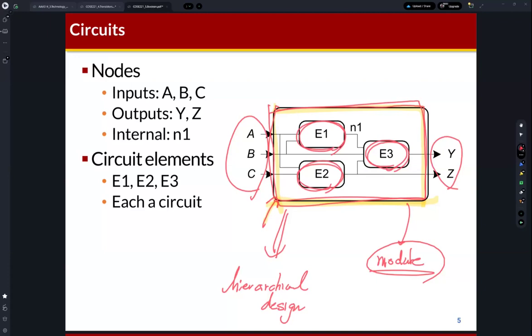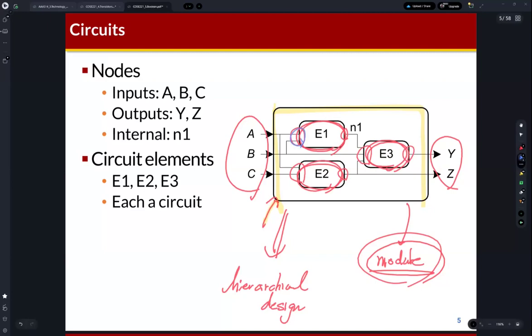But if you see the inside of this large module, you can also find the input and output of these smaller modules, here, here, and here.